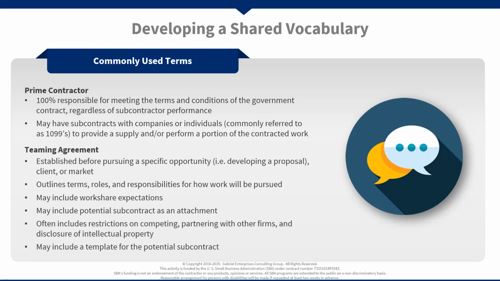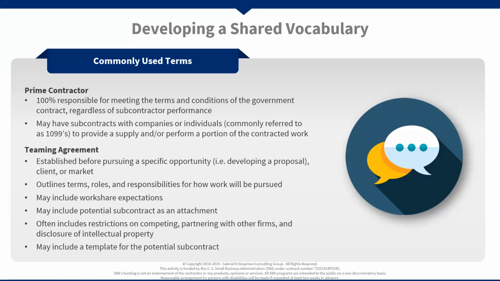So then we have a teaming agreement. Teaming agreement is the standard term, the standard concept that's found in the Federal Acquisition Regulation, and commonly used by federal contractors. It is how the proposed prime contractor and the proposed subcontractor agree to divide up the work and figure out how they are collectively going to go after a specific proposal on a solicitation.